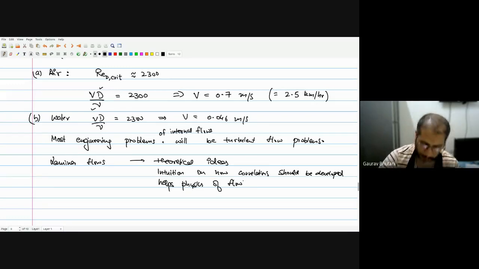So that is the reason we need to start with studying laminar flows. But then, of course, for practical importance, it's mostly going to be turbulent flow ideas that we'll be using, and those relations we'll be making use of a lot of correlations and empirical studies for solving problems.